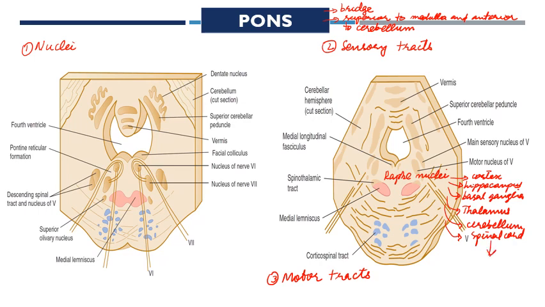These raphe nuclei are important for controlling level of arousal.